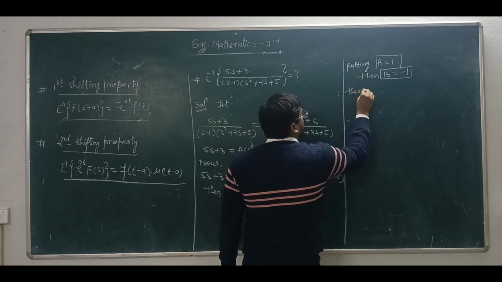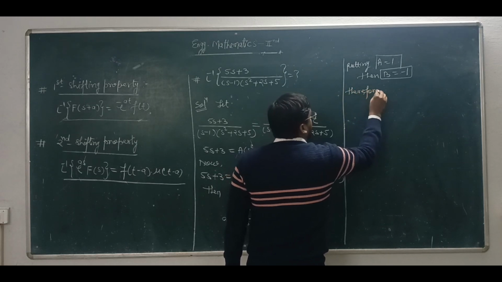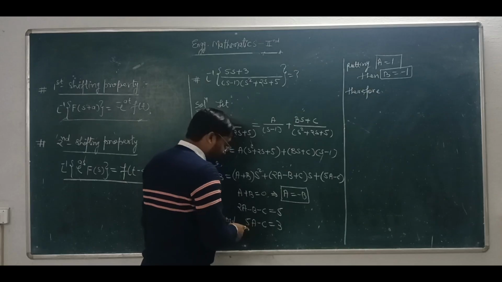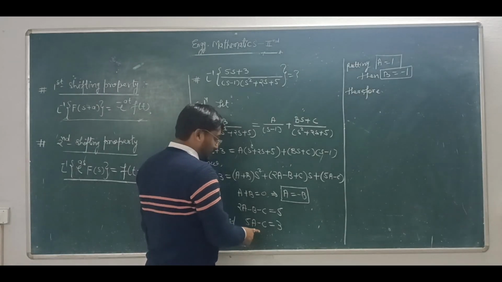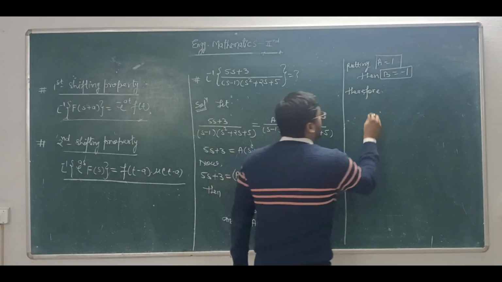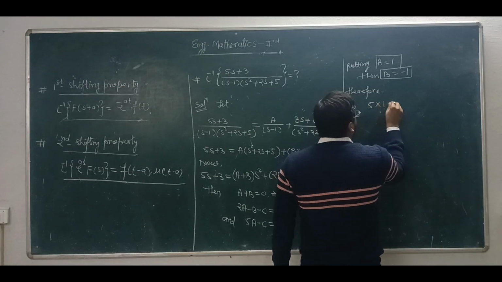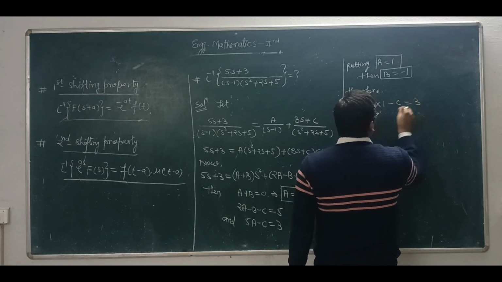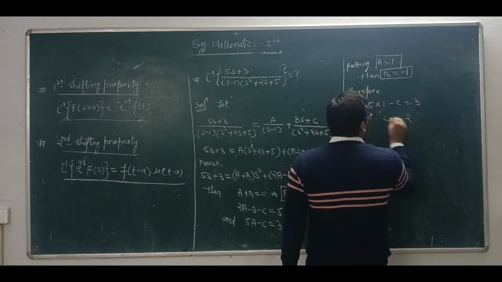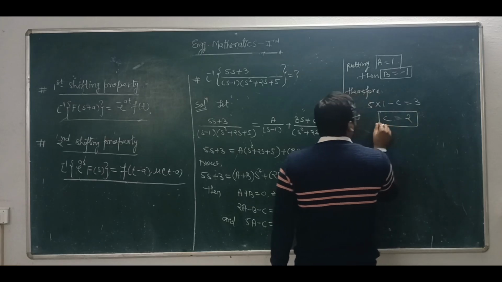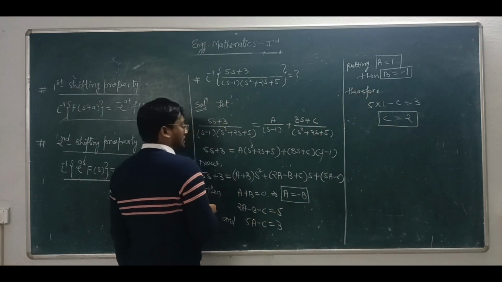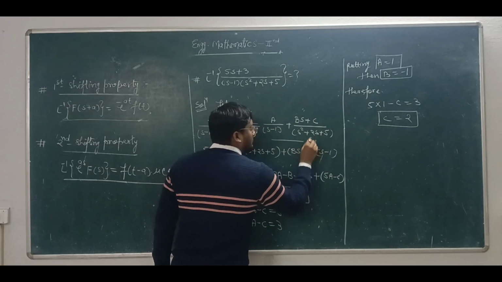Therefore, putting the value of A, 5 into 1 minus C is equal to 3. This means C is equal to 2. Let this be equation first.